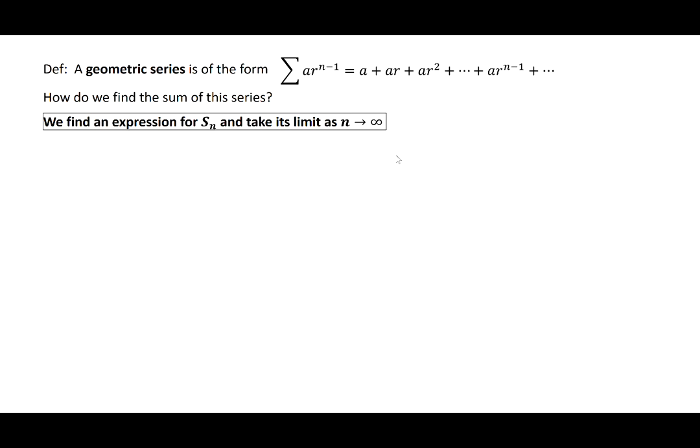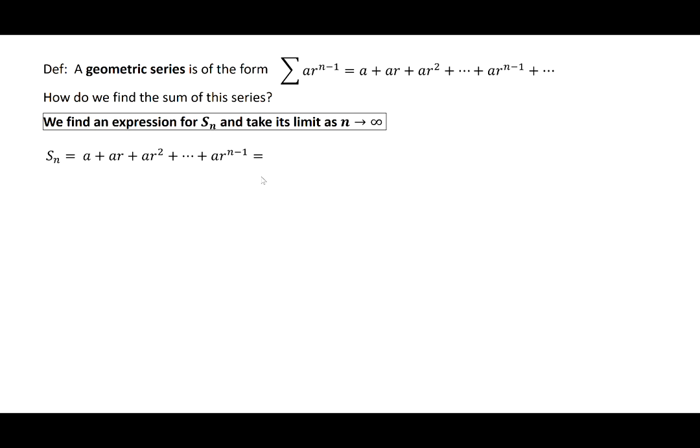So what is the first order of business? Our first order of business is to find S sub n, that is A plus AR plus AR squared plus dot dot dot AR to the n minus 1. Right? Those are the first n terms, and we are adding them up, and that is S sub n. Yeah, but do we know a formula for this?